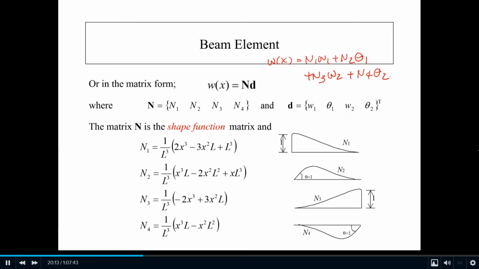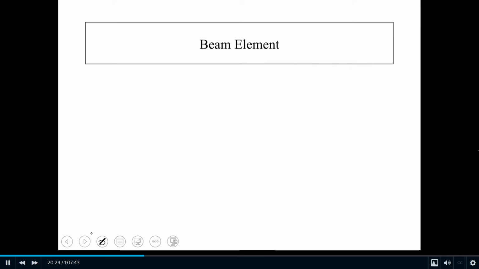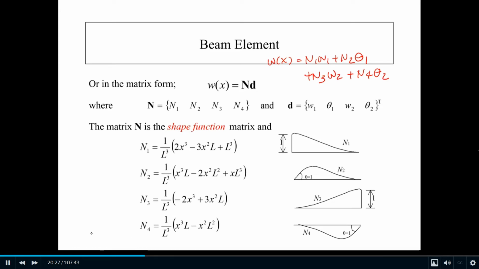So N1 would be the deflection when theta 1, W2 and theta 2 are all 0. So the shape function would be equal to the displacement here, of course when W1 is equal to 1. The same thing can be said for N2, N3, and N4. So this is the shape of the displacement within the beam element, when you constrain the other nodal variables.